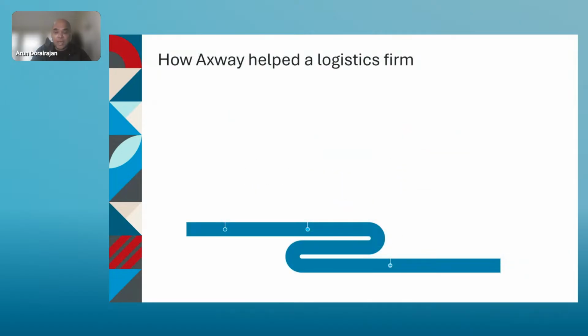I want to give you an example of how Axway helped a logistics firm. We worked with a logistics firm and saw a strange uptick in weekend transfers. On the surface, it looked like business as usual. Nothing broke, no firewall alerts. But then we layered in Axway's threat context and the picture changed.